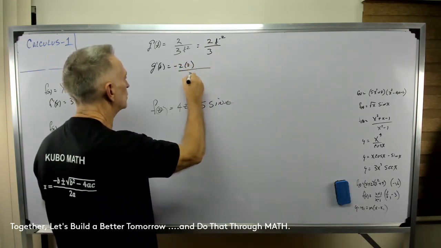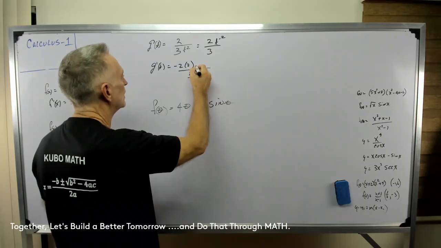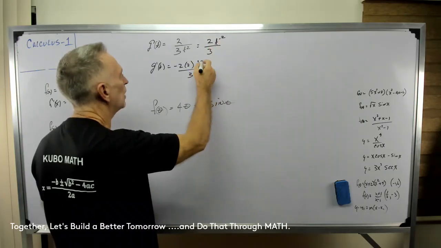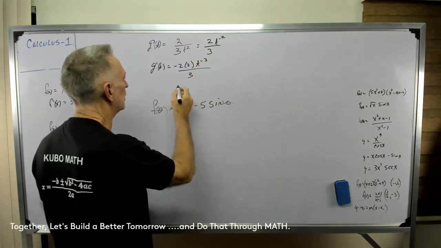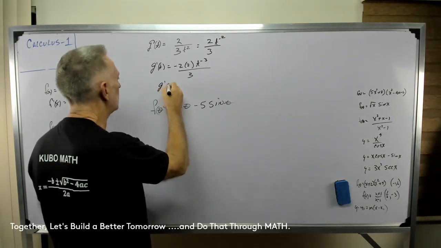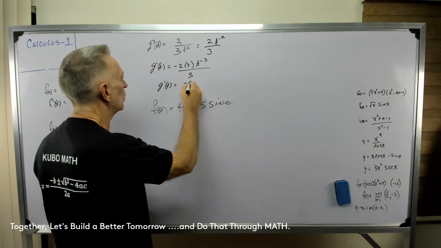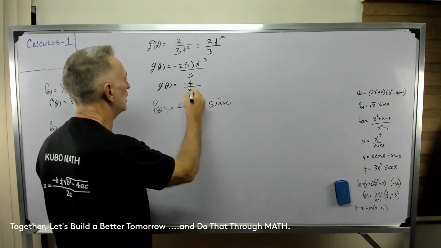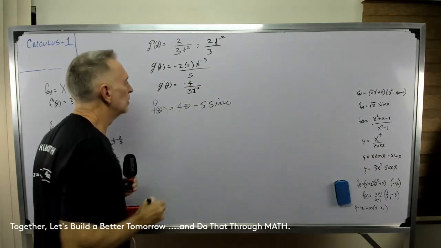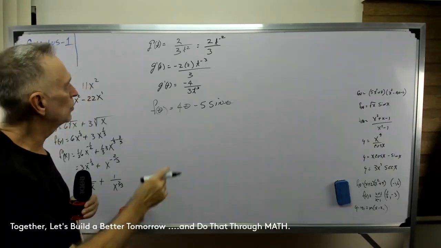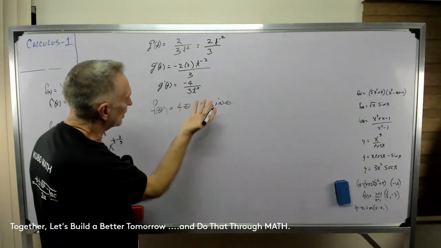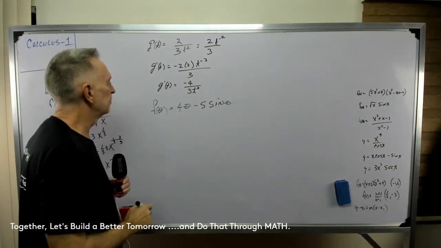Of course, all this is over 3. T to the negative 2 minus 1, which is negative 3. So g prime of t equals negative 4 over 3t cubed. So you'll notice we've got the negative, we bring it back down, we drop the negative.